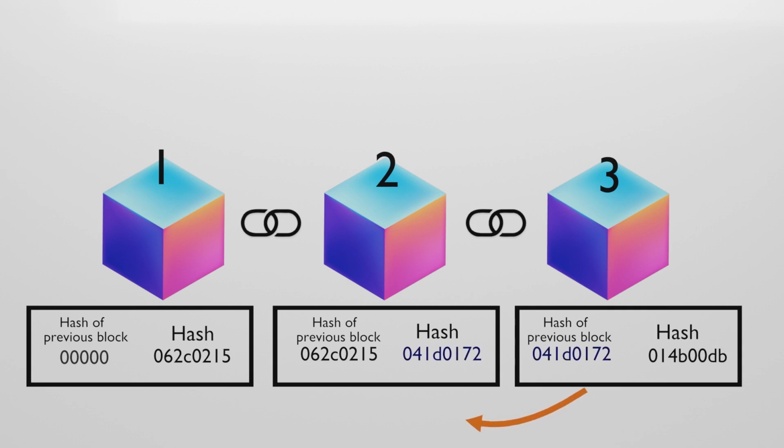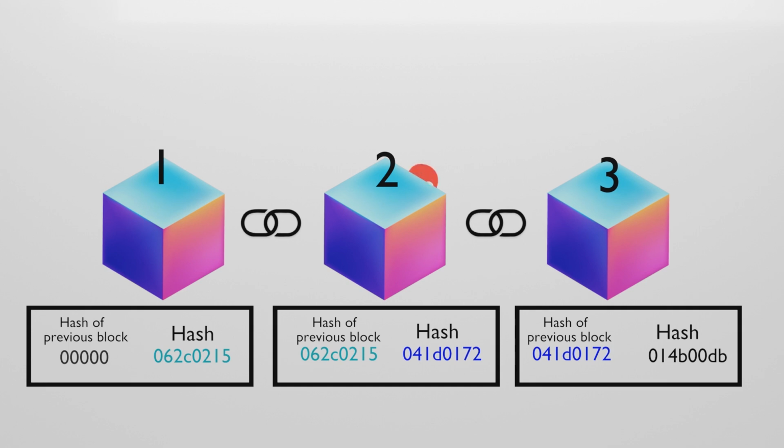So block number 3 points to block number 2 and number 2 points to number 1. Now, the first block is a bit special. It cannot point to previous blocks because it's the first one. The first block is also known as the Genesis block.